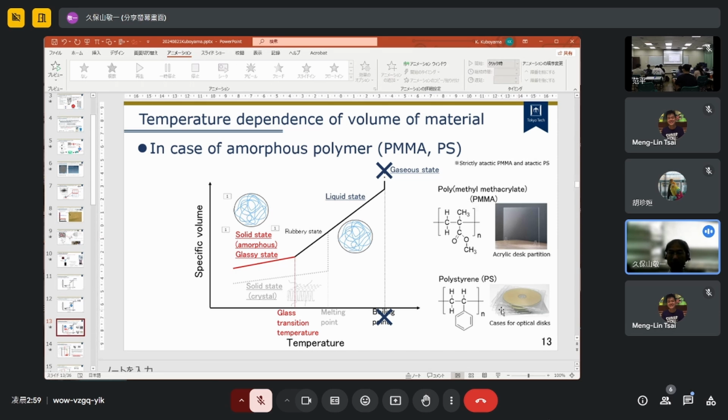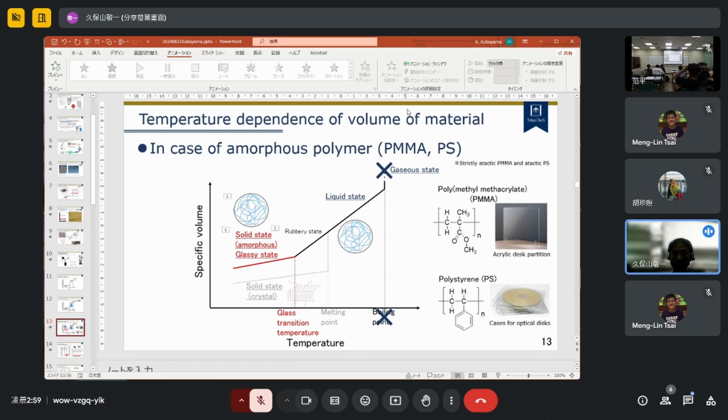And polystyrene is also a familiar one, used for the cases of optical discs. They are normally amorphous polymers that cannot form a crystal.